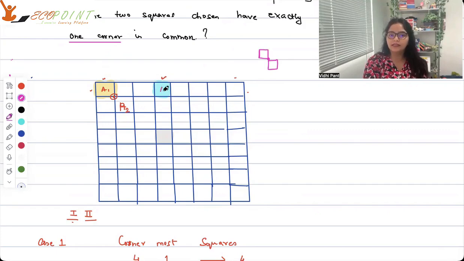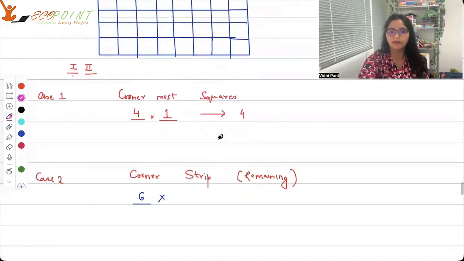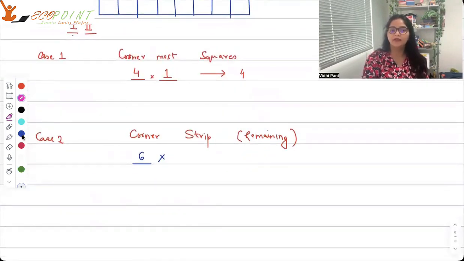The second square could be either this one or this one, because I can have a common corner here also. So I have two options available for the second square.